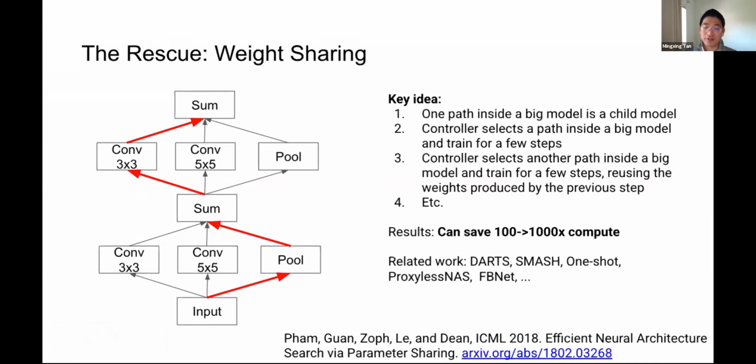And then the controller tends to keep sampling the same path and so on. So in summary, weight sharing can reduce the computation cost, but there are still some issues like bias and so on, which need to be addressed. That's a new research topic recently. Many people are trying to address it.